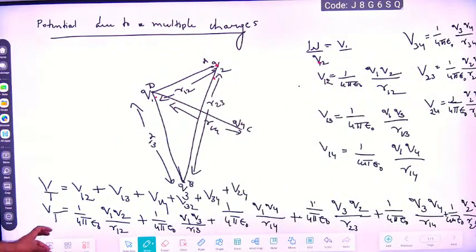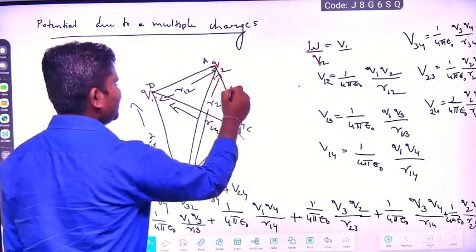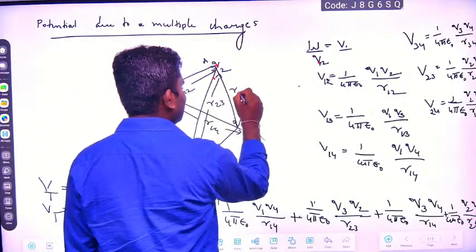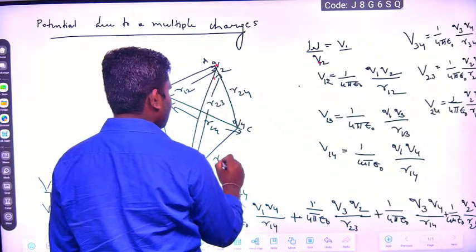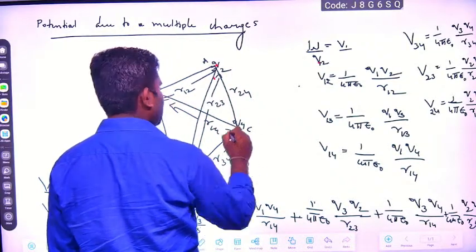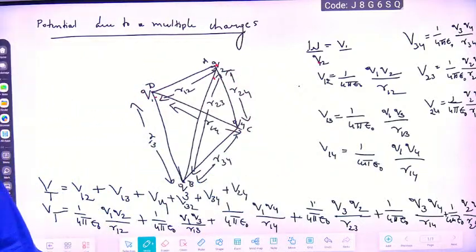If you make it small, next step it will come. So there is a force between these two also. There is force between these two also, see? This is R24. This is R34, the distance. This distance. Okay, understood?